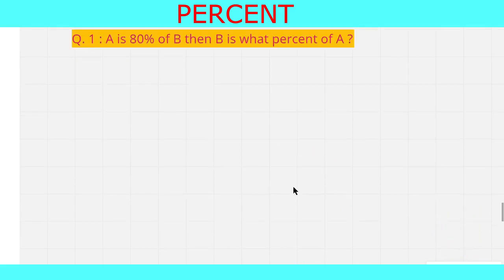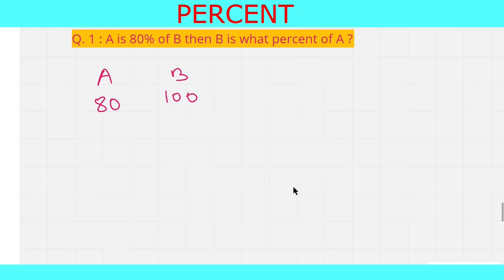Our question is A is 80% of B, then B is what percent of A? Here we write A and B as A is 80% of B, so we assume B equal to 100, then A is 80. Now it is asked that B is what percent of A? It means that we have to put A in denominator and B in numerator.